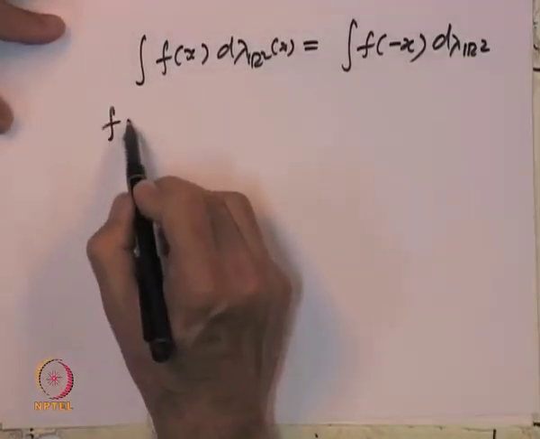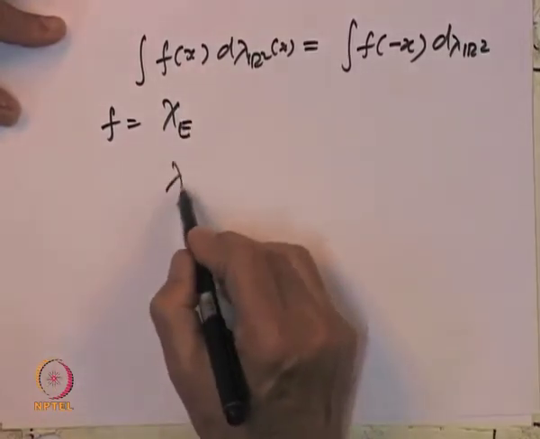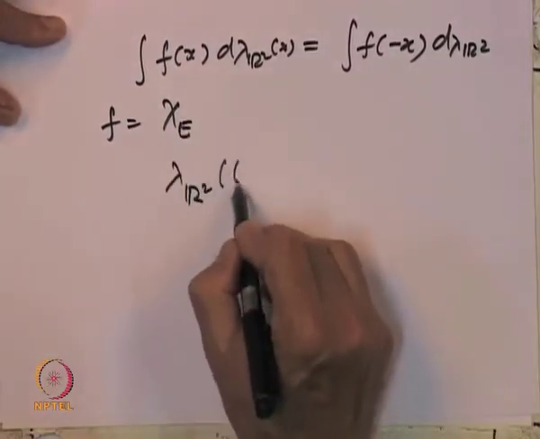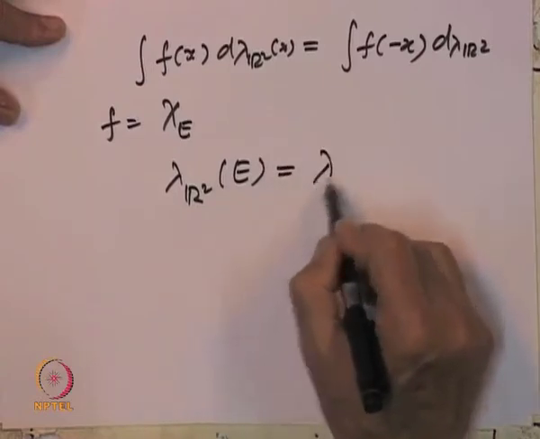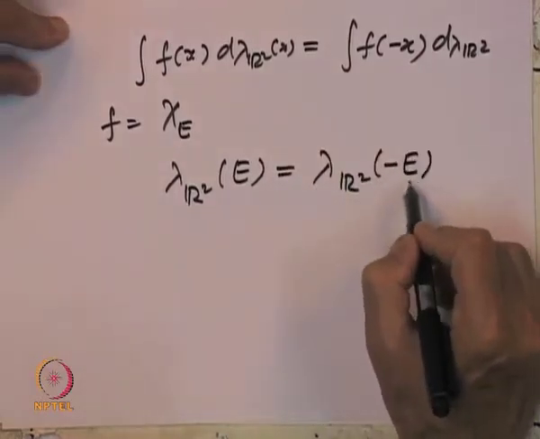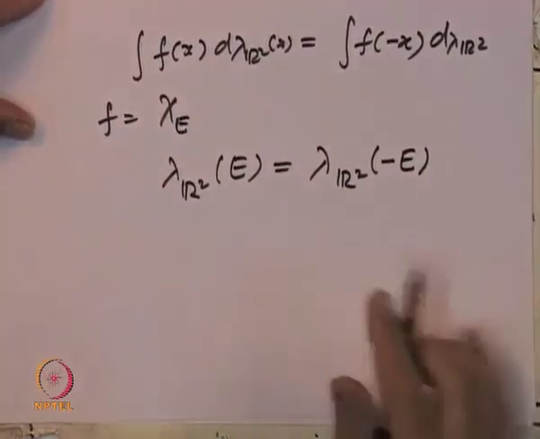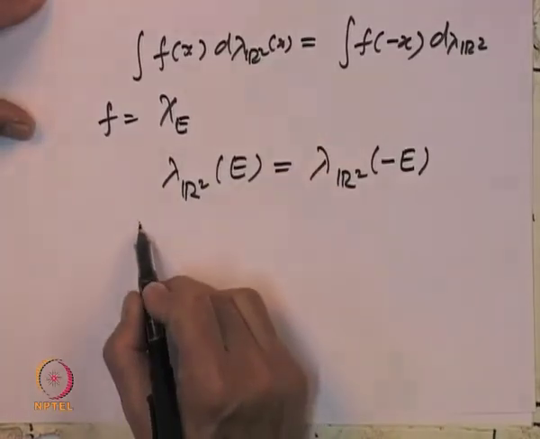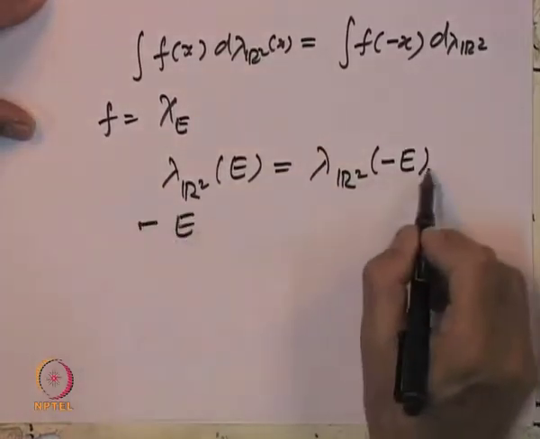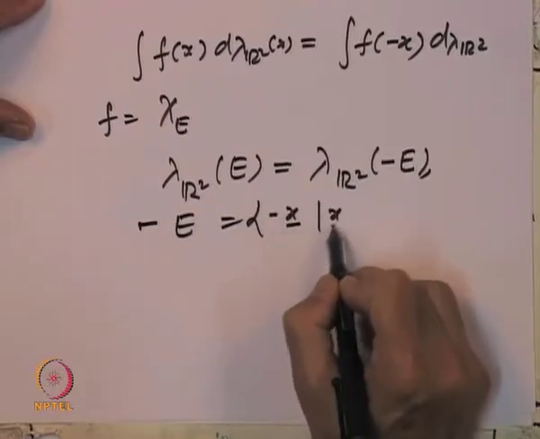When f is the indicator function of the set E, we need the fact that lambda R 2 of E is equal to lambda R 2 of minus E. What is minus E? Minus E is the set of minus x, where x belongs to E.